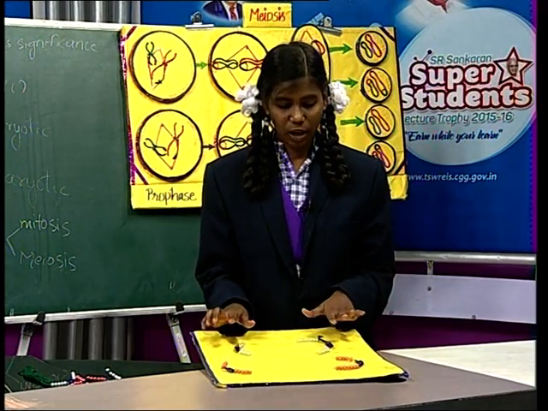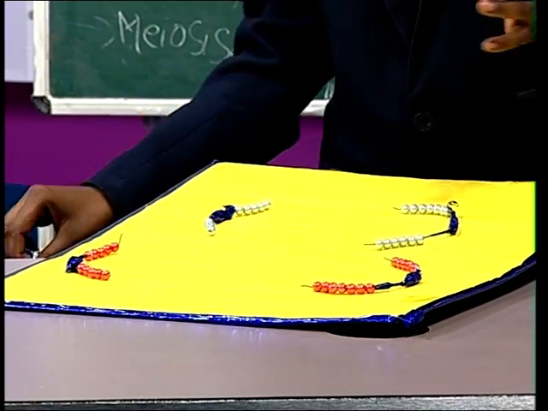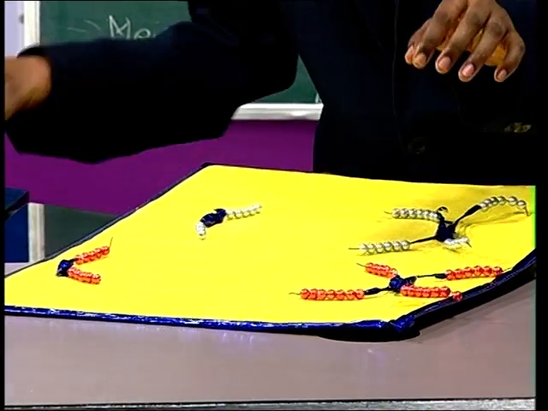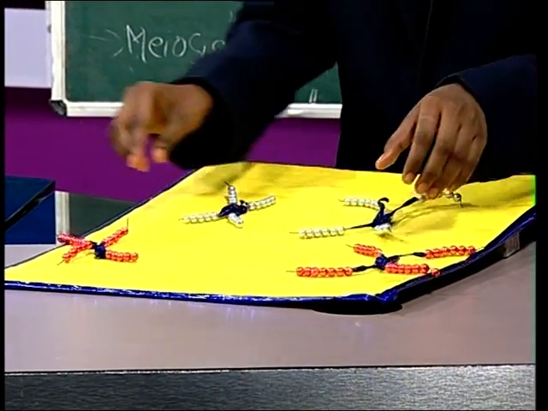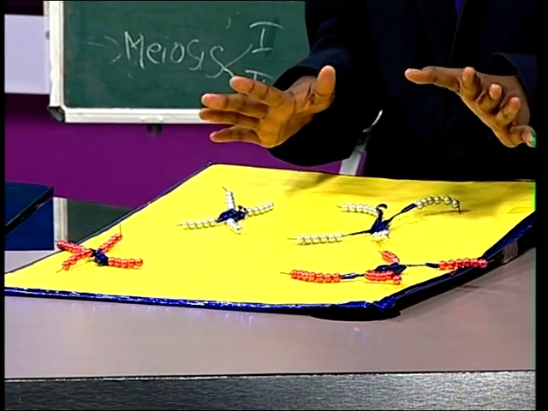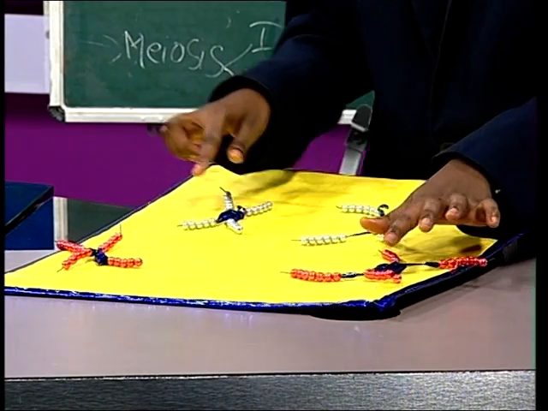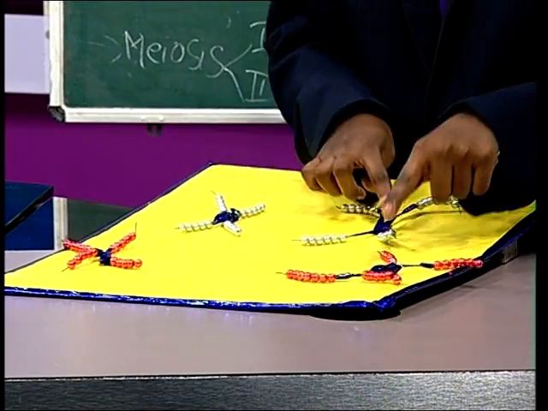During interphase they are duplicated. Observe carefully friends. These are called sister chromatids. This is the centromere friends, this part is called the centromere.